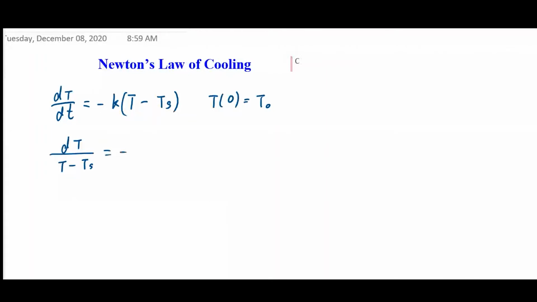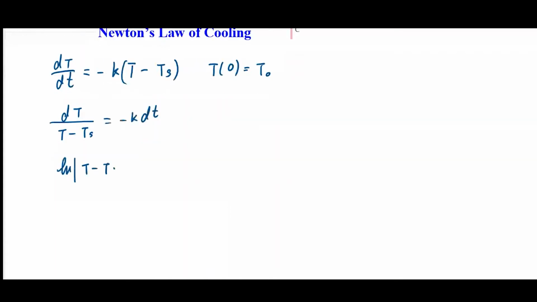Now, on the other side, we have k dt. So if we integrate this, then we get ln of the absolute value of T minus T_S, equal to negative kt plus C. And then we have done this before, so T minus T surrounding is equal to plus or minus e to the negative kt plus C. Okay?